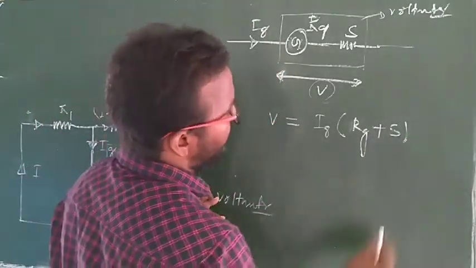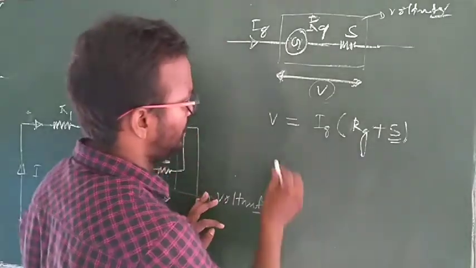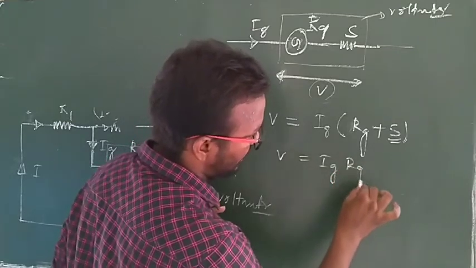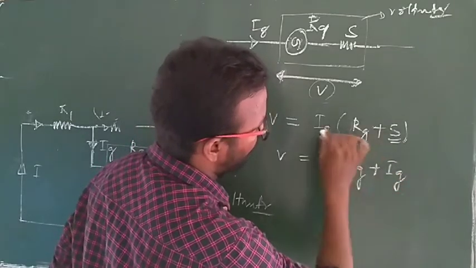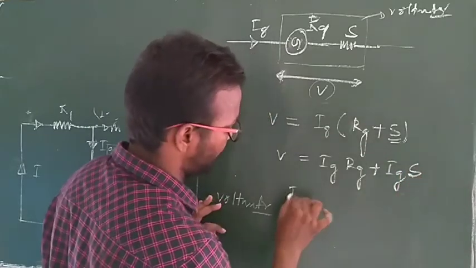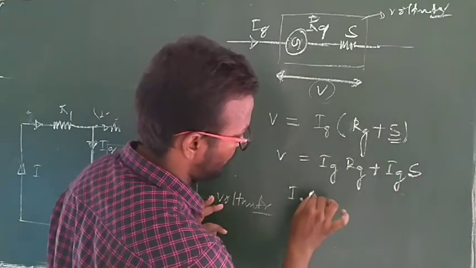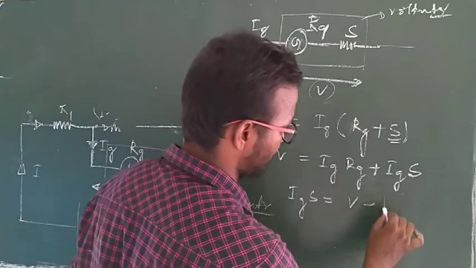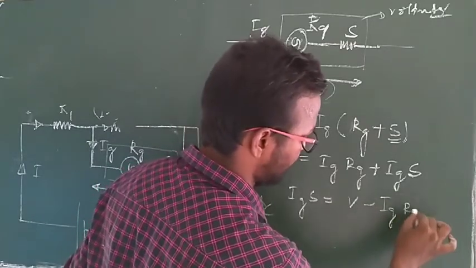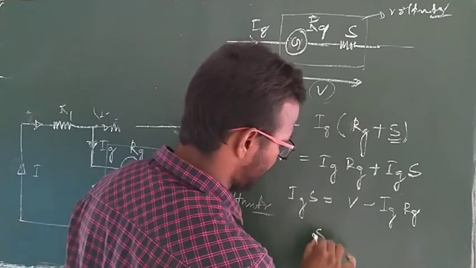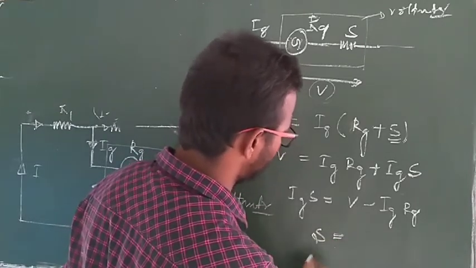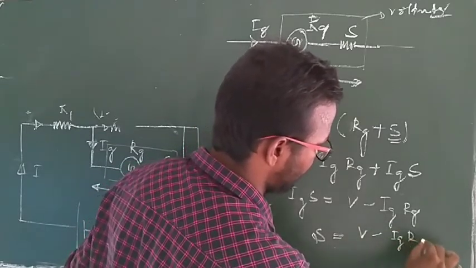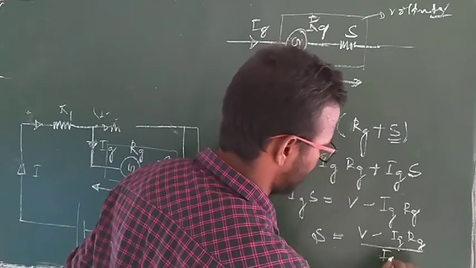So you can write V equal to Ig Rg plus Ig into S, or Ig into S equals V minus Ig Rg, or S equals (V minus Ig Rg) by Ig.